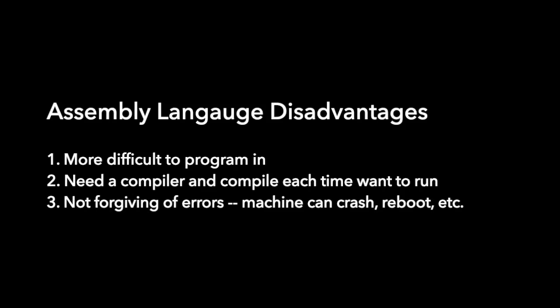Some of the disadvantages of programming in assembly language are it's more difficult to program in, as you can kind of see. You do need a compiler, and you need to compile each time you want it to run, and it's not forgiving of errors. If you make a mistake, the machine can crash, reboot, and other issues can occur.